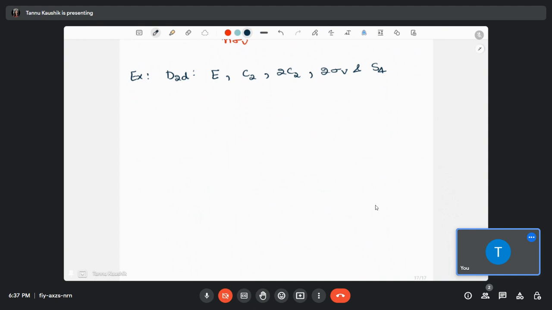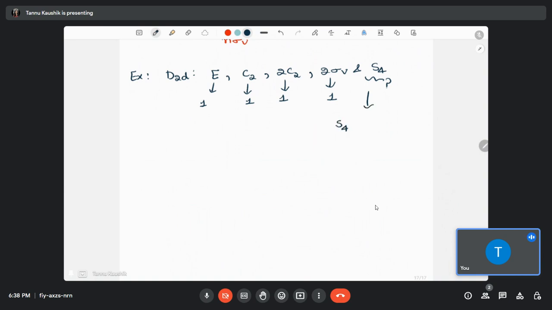If we classify them here, I have already taught you the identity element will have its separate class. This principal axis of rotation will be in a separate class, and the 2C2, this nC2, will always be in the same class, and again n sigma will be in the same class. But what about this S4 axis of rotation?